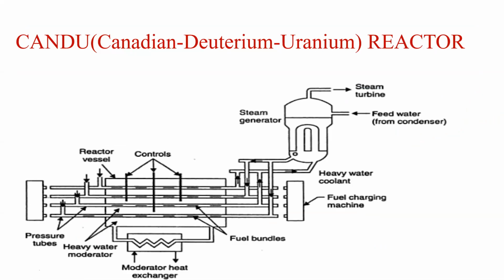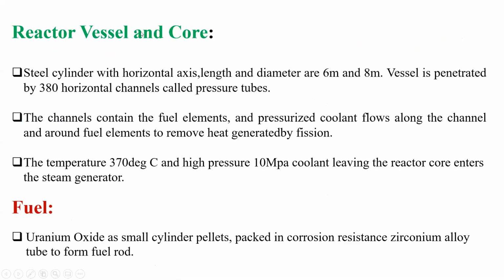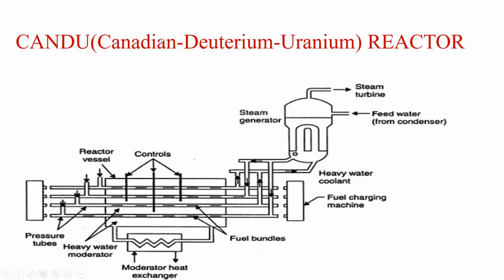Its short form is CANDU reactor. CAN stands for Canadian, because this reactor was developed in Canada by Canadian people, so that's why its name is Canadian, just like Indian.